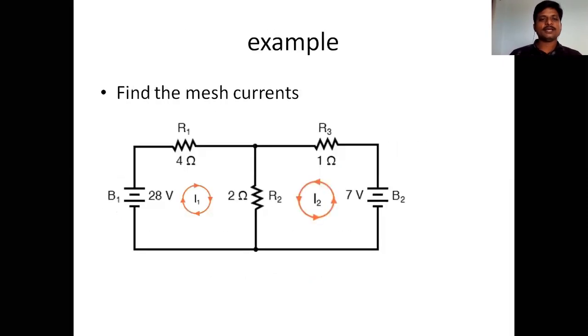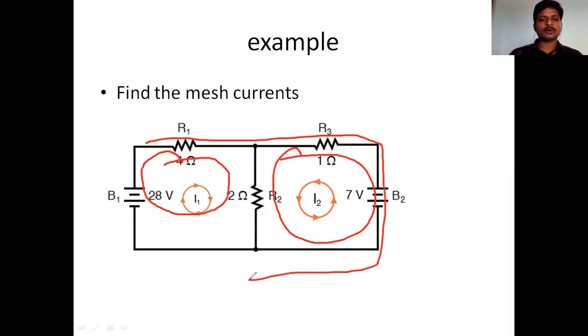But when you take this example, you have three loops. This is a closed path, so you can call it a loop. This is a closed path, you can call it a loop. And there is one overall closed path, you can also call it a loop. But there are only two meshes here.